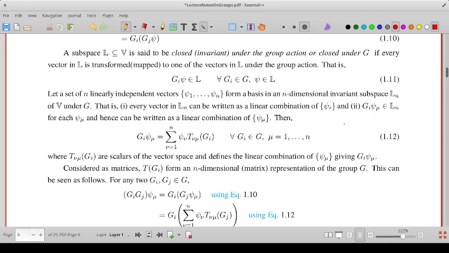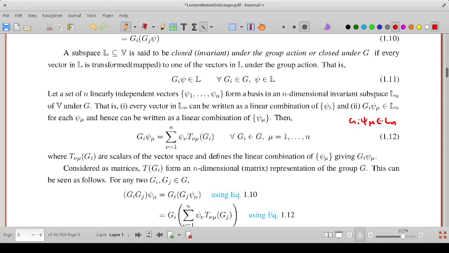So that means gi psi mu is a vector in the linear vector space Ln. It is a subspace of V, so it's an n-dimensional subspace of n-dimensional space. And gi psi mu is an element of Ln because Ln is closed under the group action.